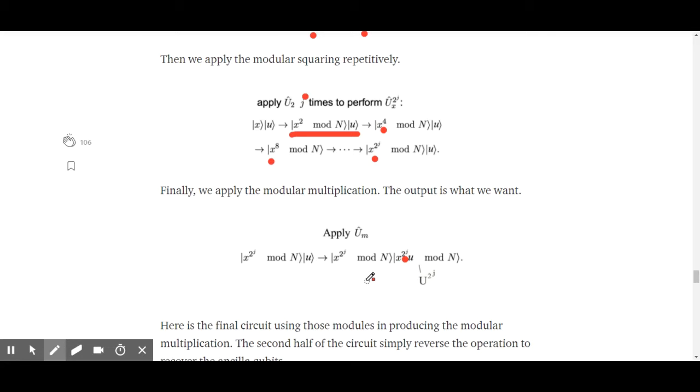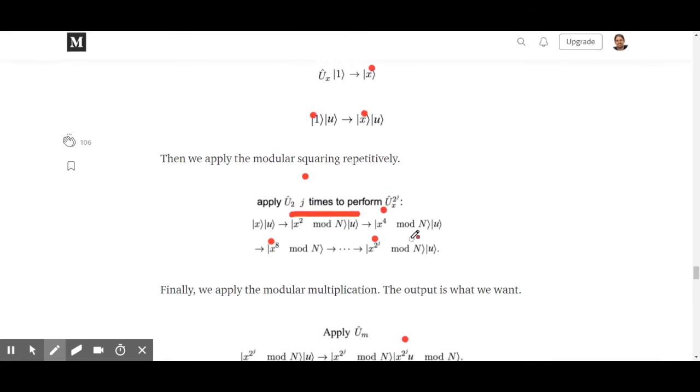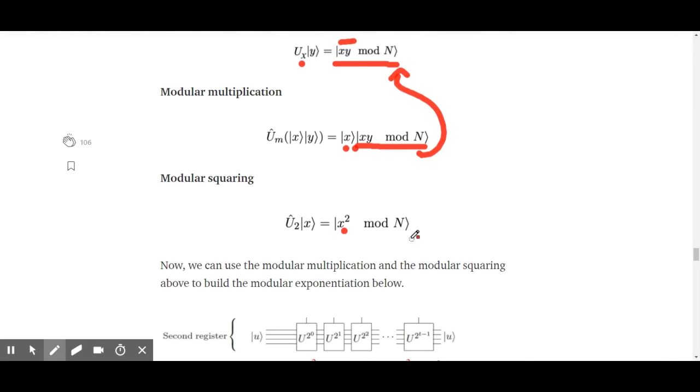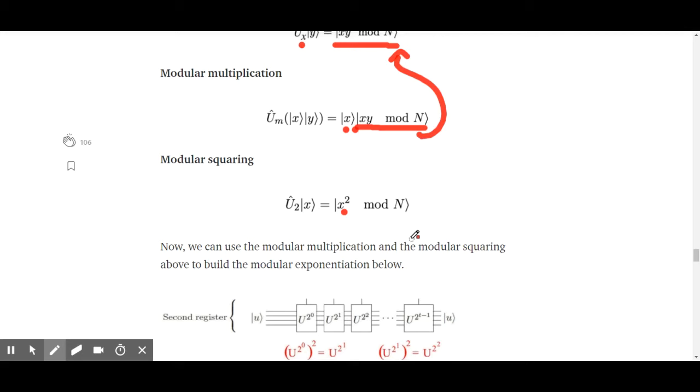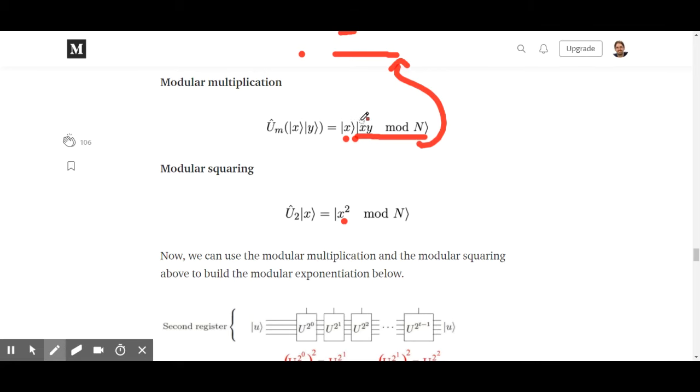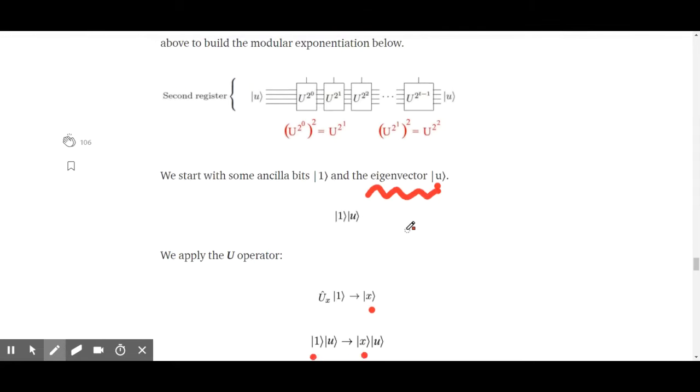you apply multiplication. Which basically turns that second part into x times 1.